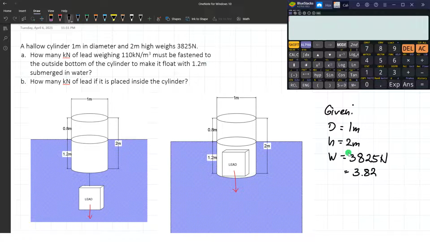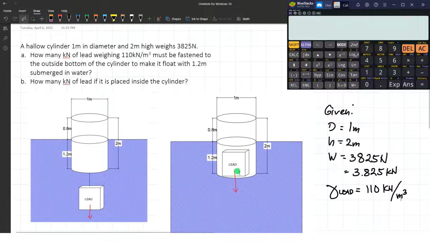That's 3.825 kilonewtons. Okay, that's the weight. So next we have here the unit weight of the lead, 110 kilonewtons per cubic meter. Okay, so that's the given.